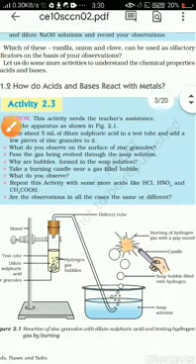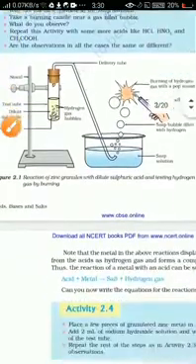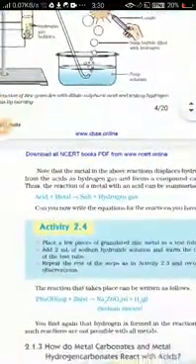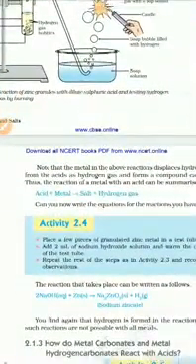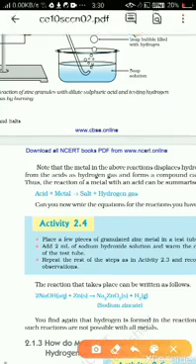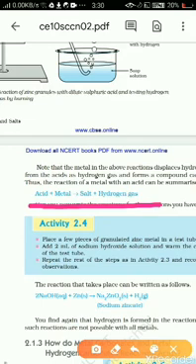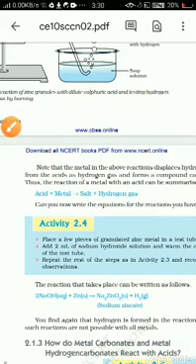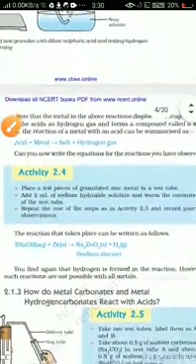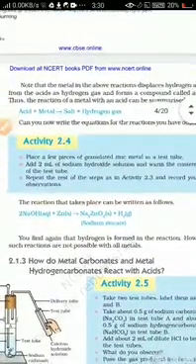So the general reaction is: acid reacts with metal to give salt, and hydrogen gas is evolved. Now the same reaction we perform with base.